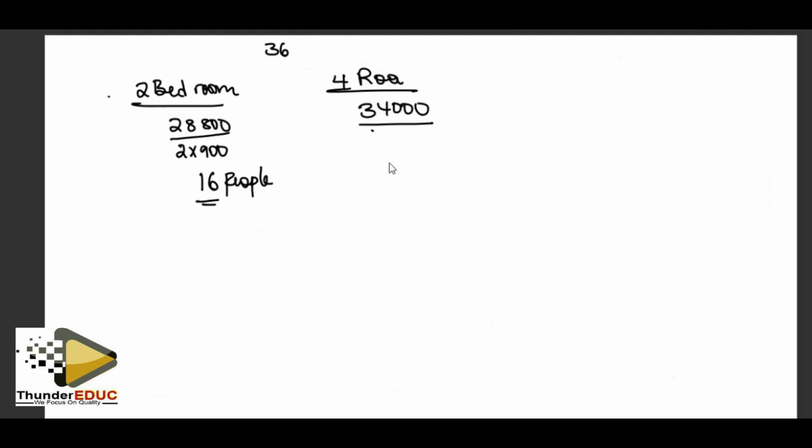So we shall say 2 times 850. Do that for me. They are 20. So in the 4 bedroom, we have 20 people.